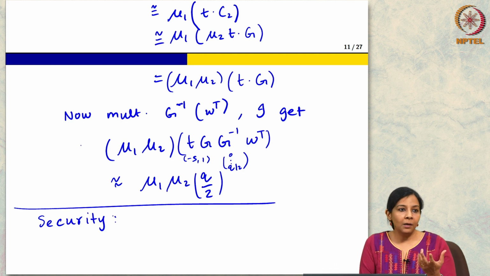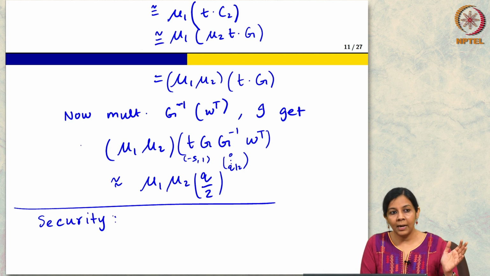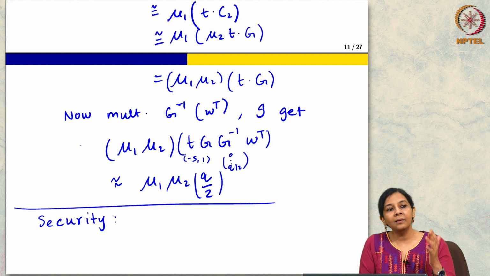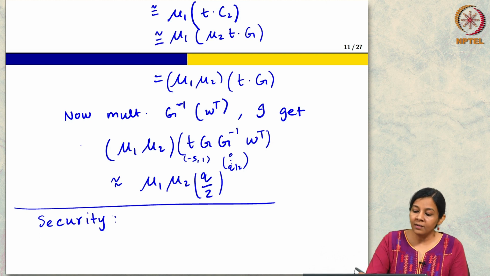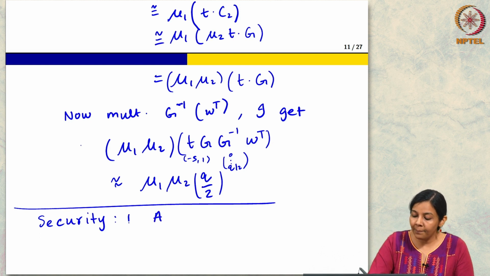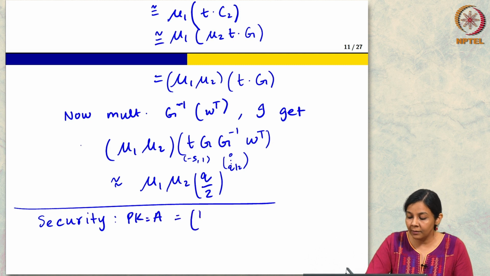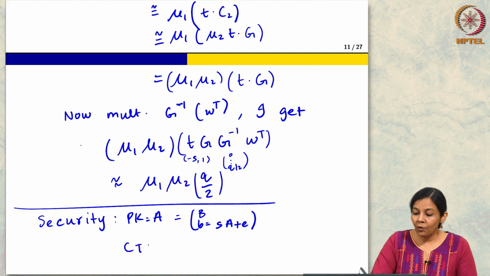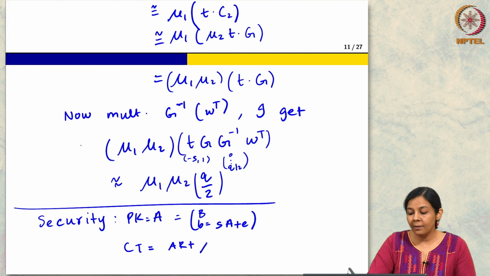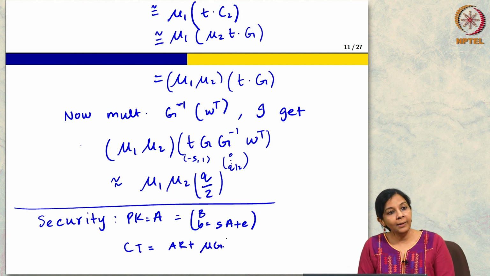It does not mean additional power to the adversary. The adversary still does not get any secret key. The adversary only gets the public key and some ciphertext. So, it will suffice for me to show that the ciphertext and the public key do not leak anything about the message. So, now what is our public key? Our public key is A, which is in turn a random matrix B and some LWE sample. And what is our ciphertext? It is AR plus mu G.